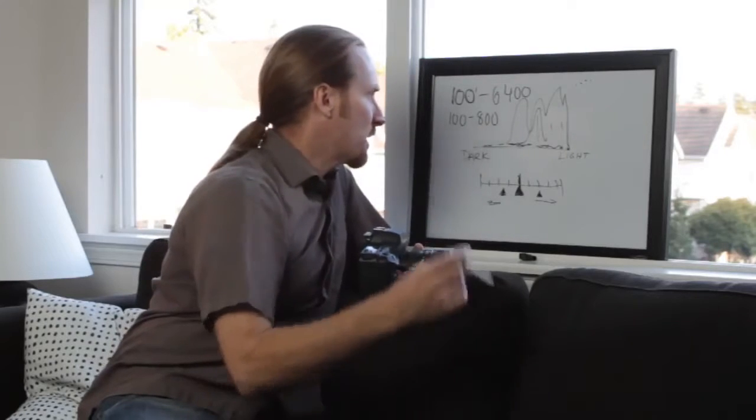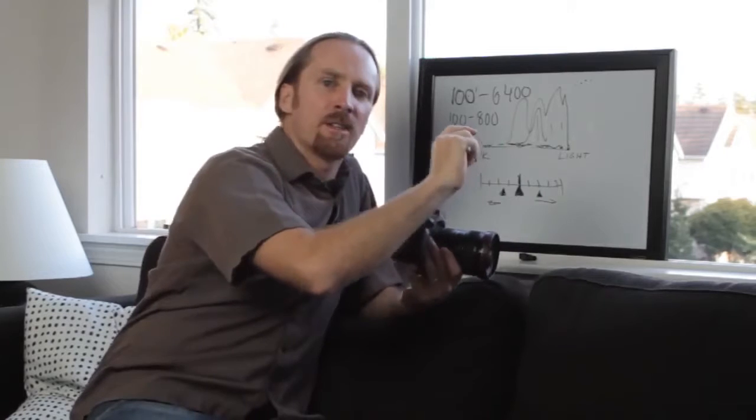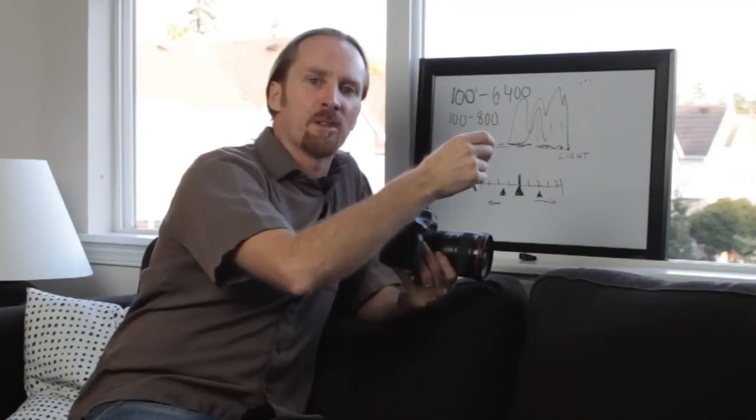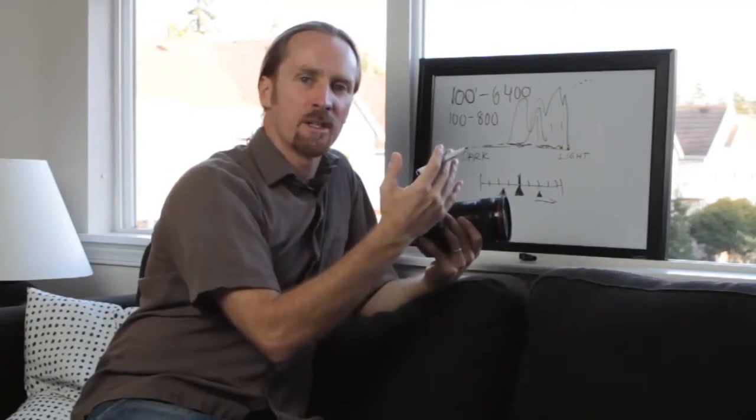The way I like to think of ISO is it's like turning up the gain. Imagine you tuned into a radio station and the signal was pretty poor. The analogy is you're in a situation where the light's not enough, it's low light, so the signal's poor.